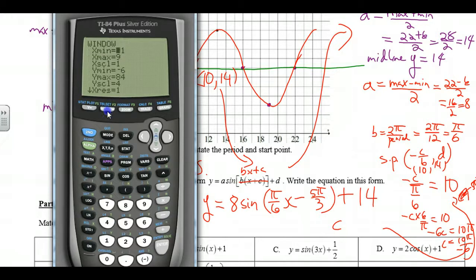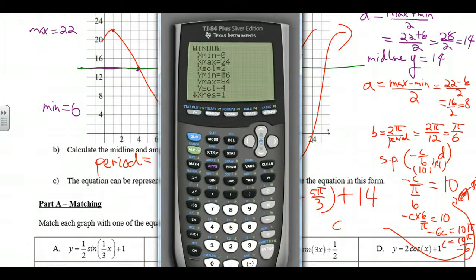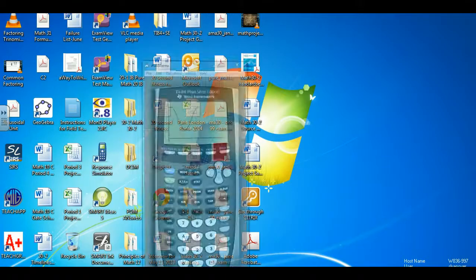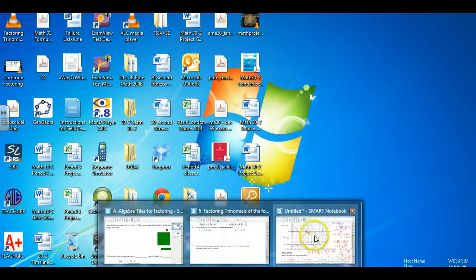Okay, so if we set our window to match this, let's go from 0 to 24 by 2's. And y, let's say, from -2 to 24, also by 2's. Then hit graph, and then put this back, and put that back.